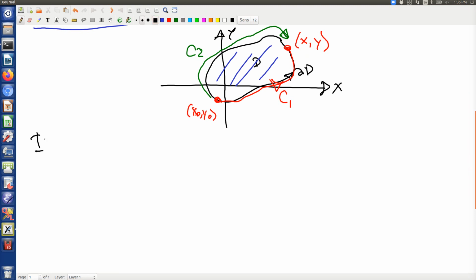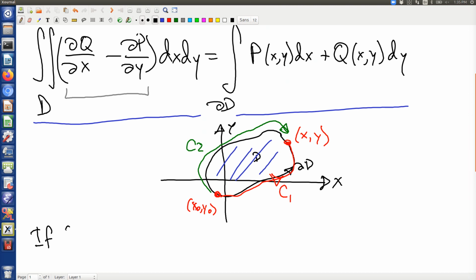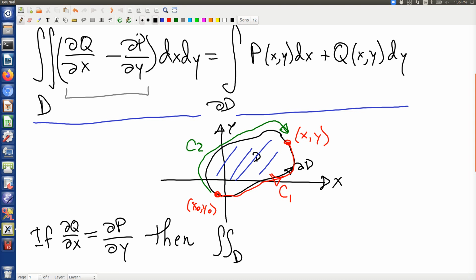So if these two partial derivatives are equal, well, then that means the area integral that shows up in Green's theorem is equal to 0.